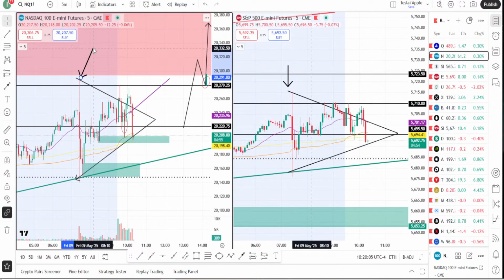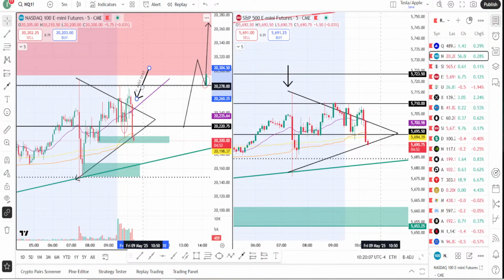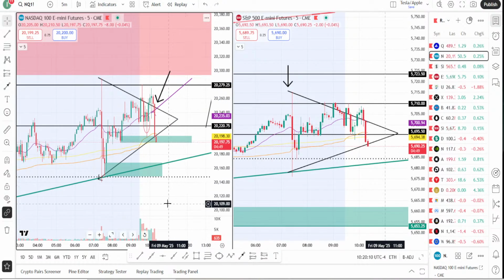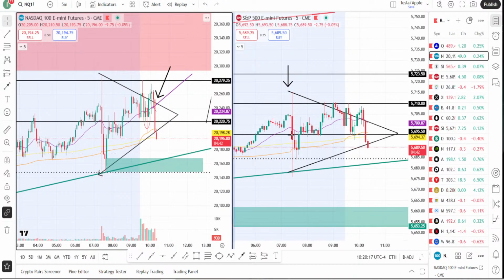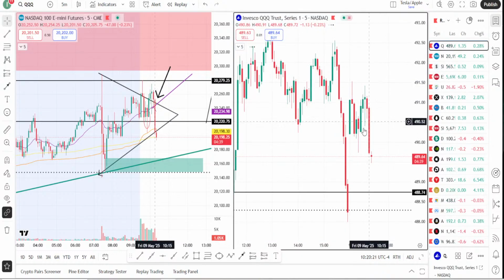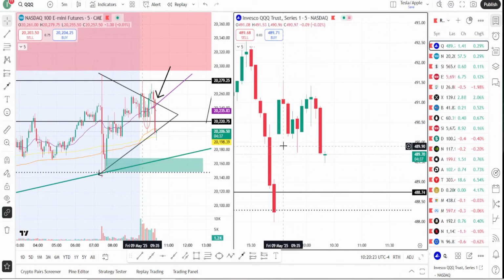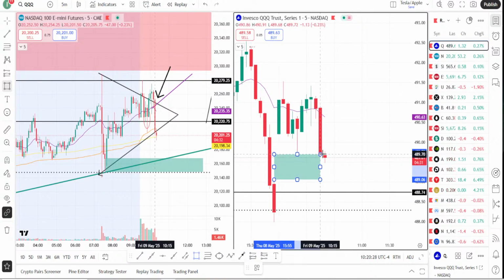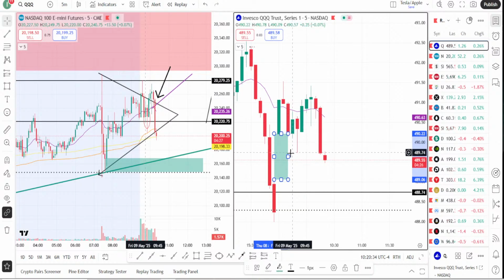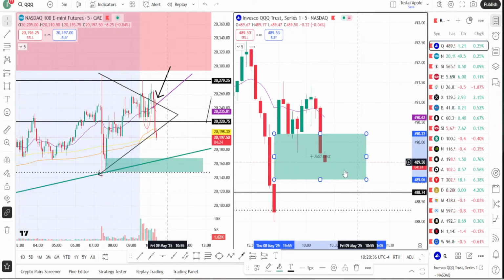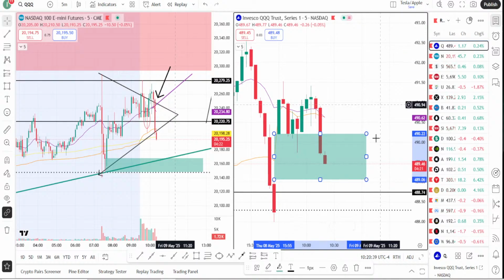Huge sellers here, strong sellers. Could come down to here. Could come down to here. There's also a gap on the chart here. As you can see, there's a gap in price from here and from here to the opening price is here. We're probably going to come down, fill this gap, and then look for the reversal.